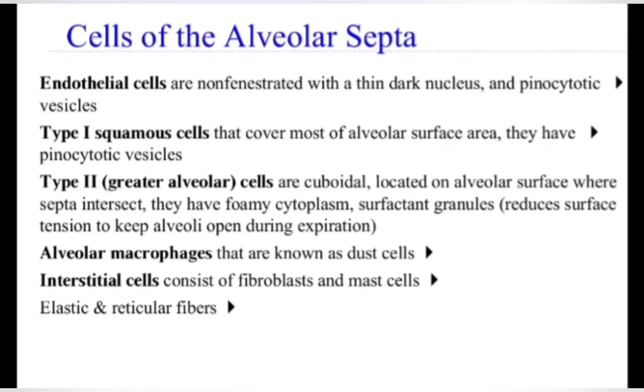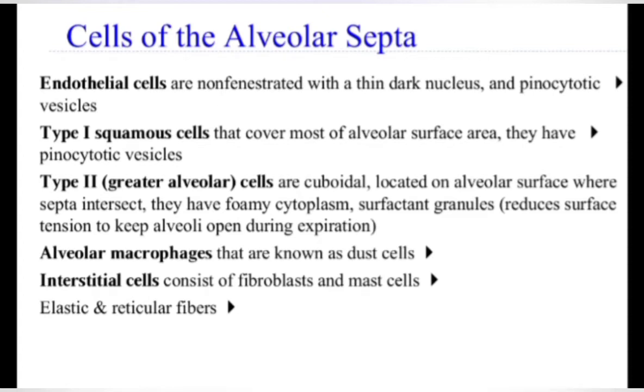There are type 1 squamous cells that cover most of the alveolar surface area. They have pinocytotic vesicles. And the type 2 greater alveolar cells are cuboidal, located on the alveolar surface where septa intersect. They have foamy cytoplasm, surfactant granules.